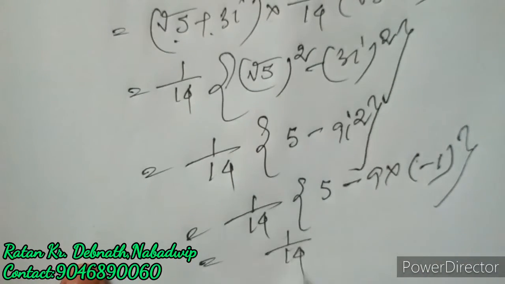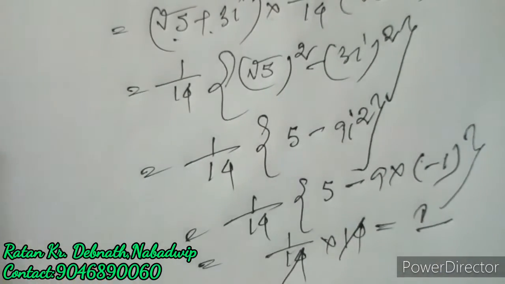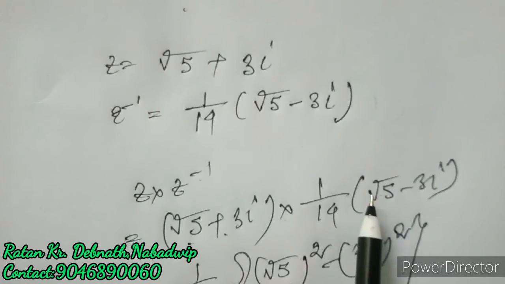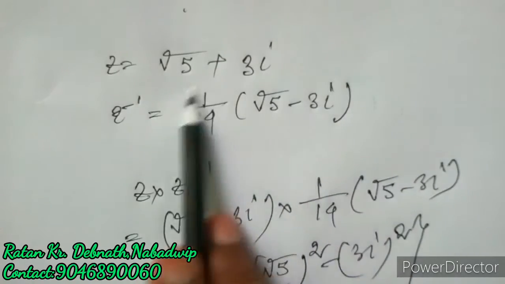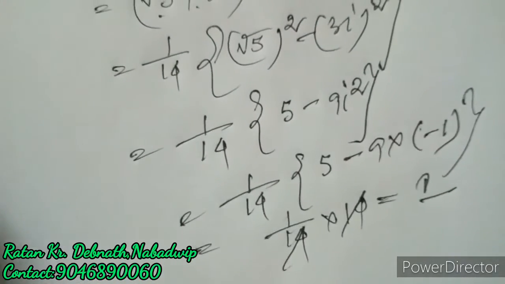So 1 by 14 into 14 means 1. Therefore, we can say z inverse, that is this part, is the multiplicative inverse of this complex number.